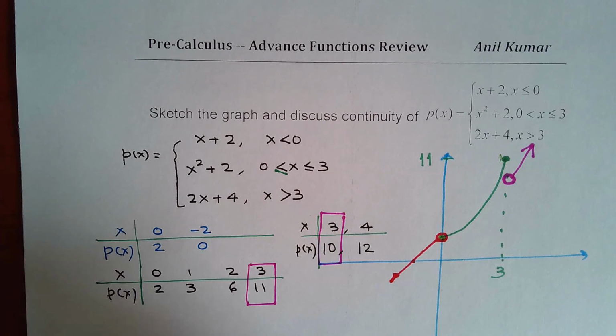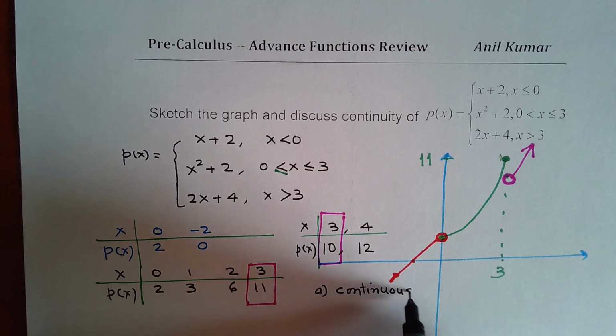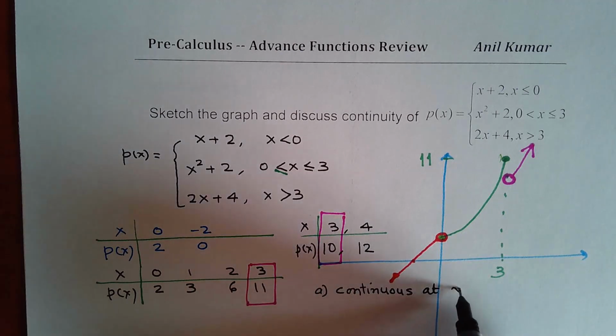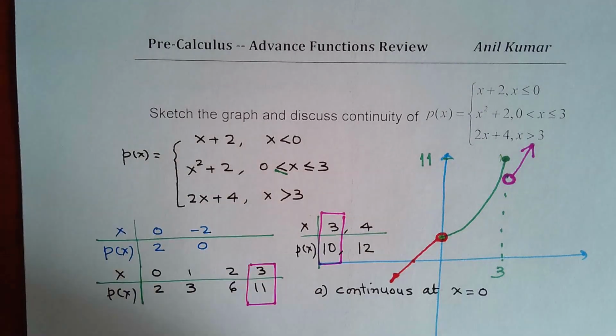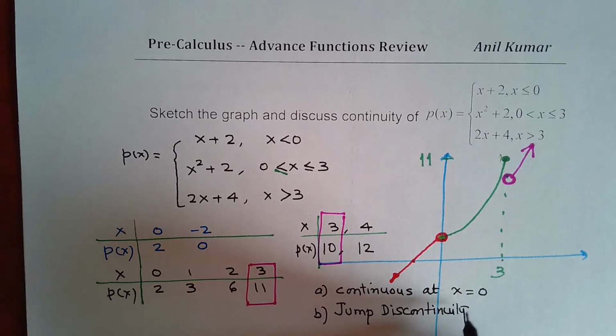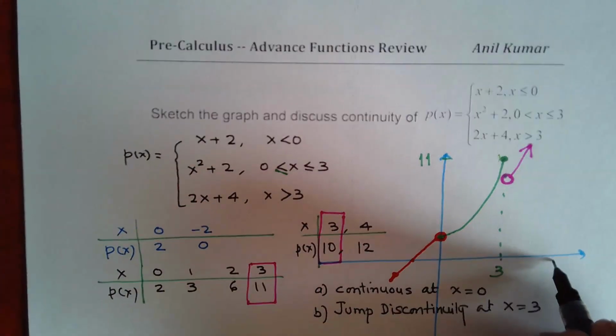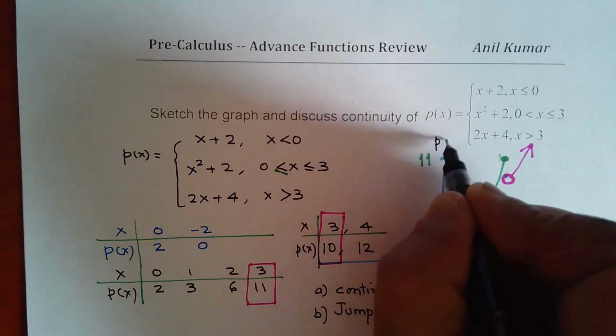So the function is continuous at x equals 0, right? And then we can say we have a jump discontinuity at x equals 3, right? So that is how we can actually describe the discontinuity for the given function p of x.